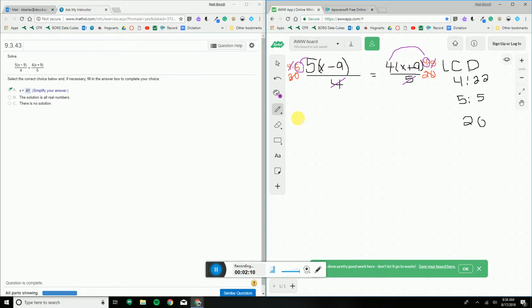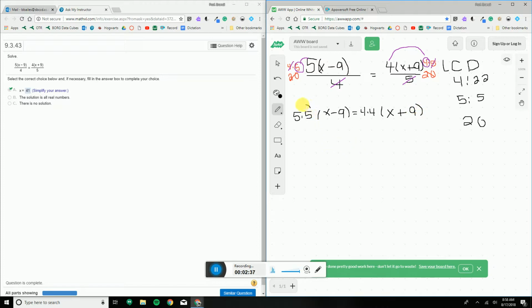So on the next line, I'll write that out hopefully more clearly. So what would be left was 5 times 5, and x minus 9. And over here would be 4 times 4, and x plus 9.